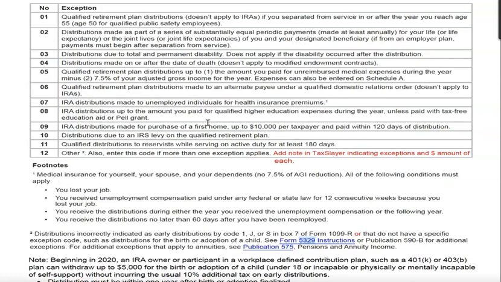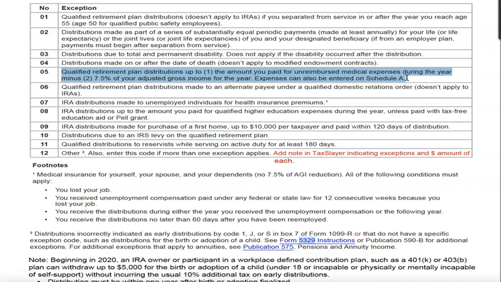So the ones that are of interest generally are Code 5, which is for unreimbursed medical expenses. However, this is subject to a 7.5% haircut, as it's sometimes referred to, based on 7.5% of AGI.